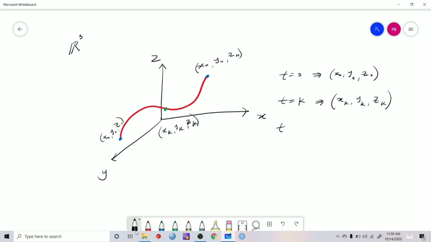And lastly, at t equal to n, we have (xn, yn, zn). So to write it in general, t can be the input to x, to y, and to z.